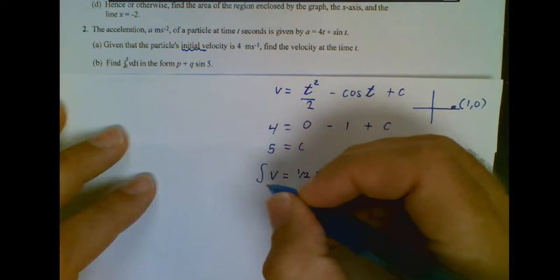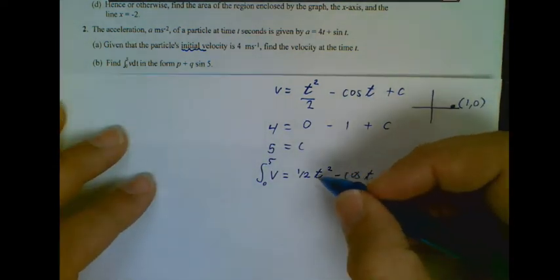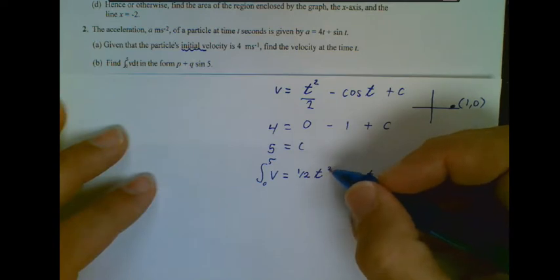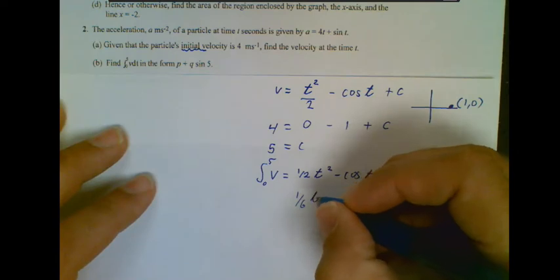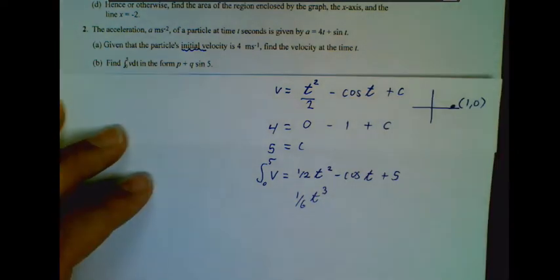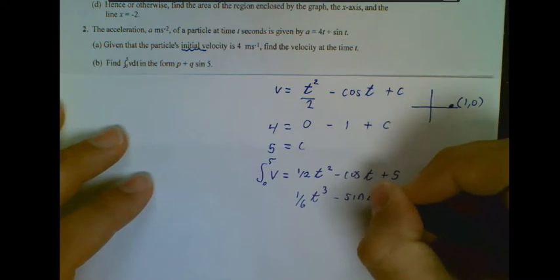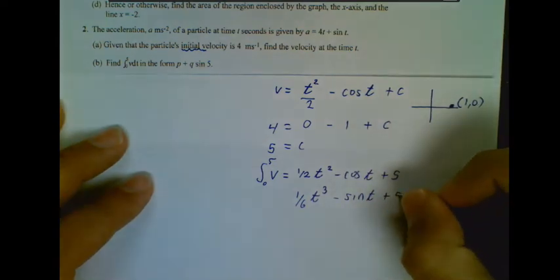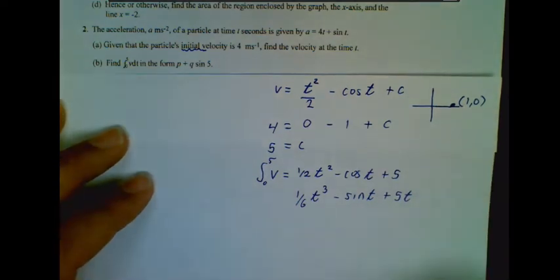So we're going to integrate this from 0 to 5. Going on down the list, this would become t to the third over 3, so that becomes 1/6 t to the third. The integral of cosine is sine, so this just becomes minus sine of t, plus 5t to the first over 1, so 5t to the first.